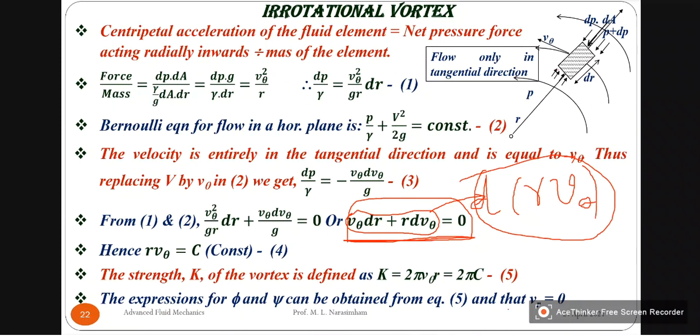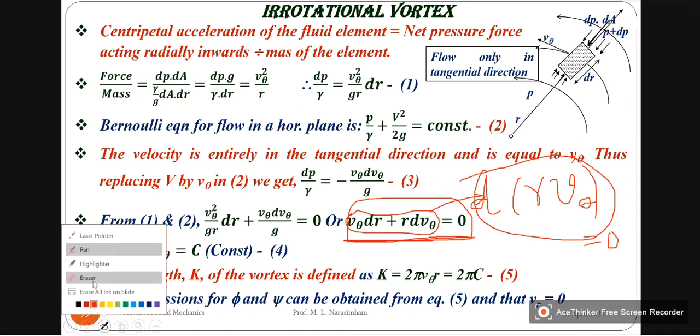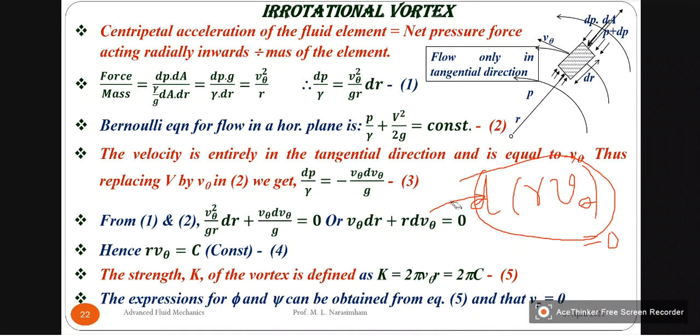So what we finally got is d of r v theta is 0.